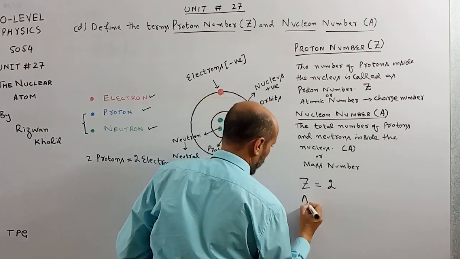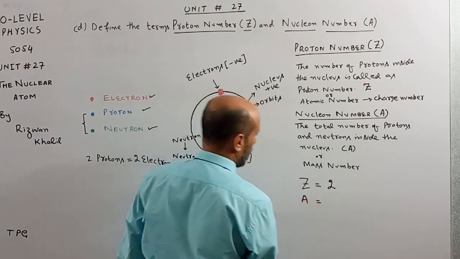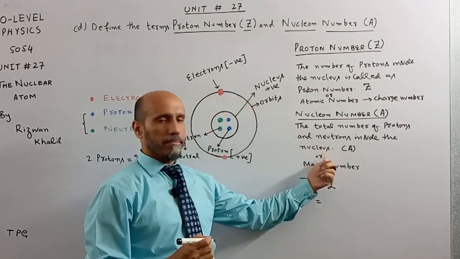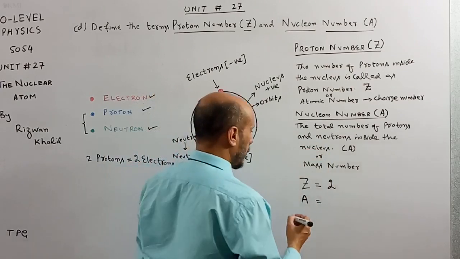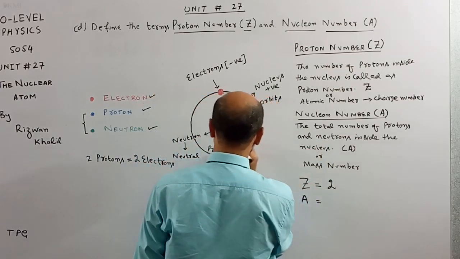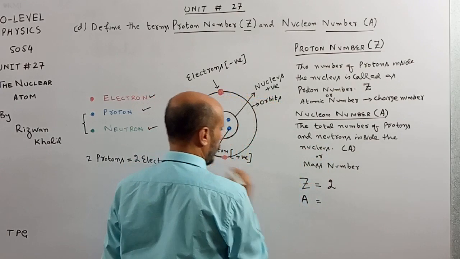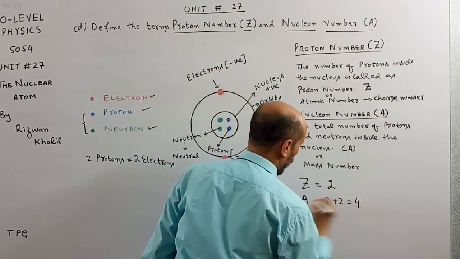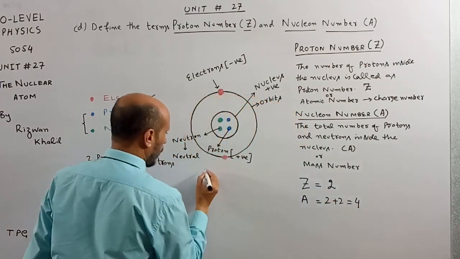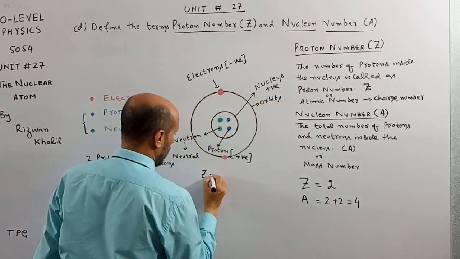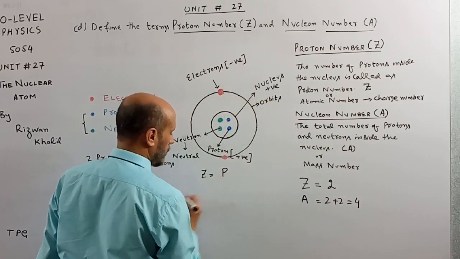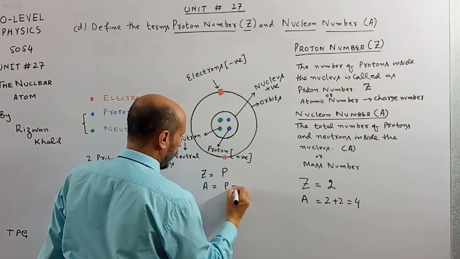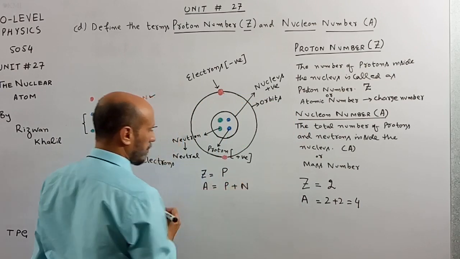while the value of A, that is nucleon number or mass number, was equal to number of protons plus number of neutrons, that is 2 plus 2 is equal to 4. So here we can write: Z is equal to number of protons, A is equal to number of protons plus number of neutrons.